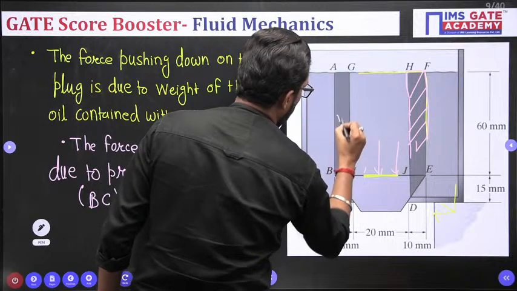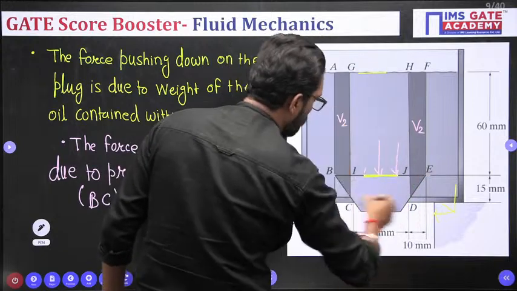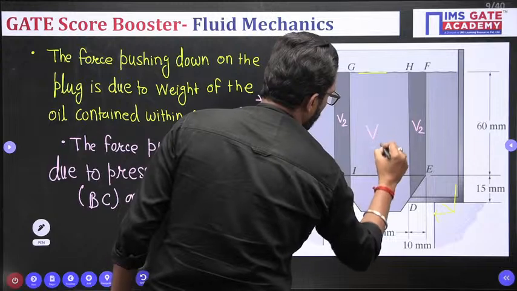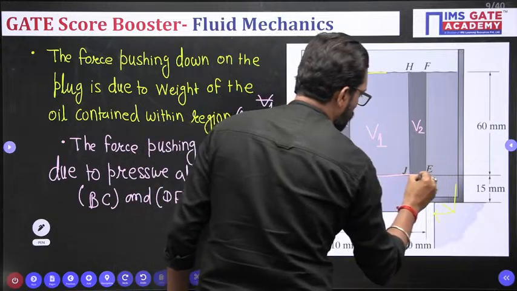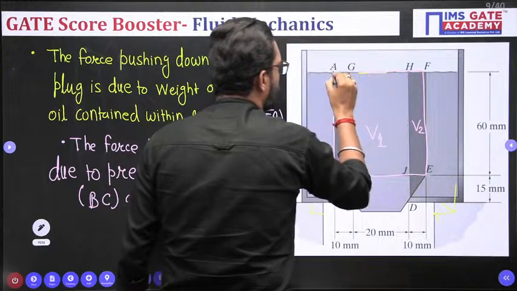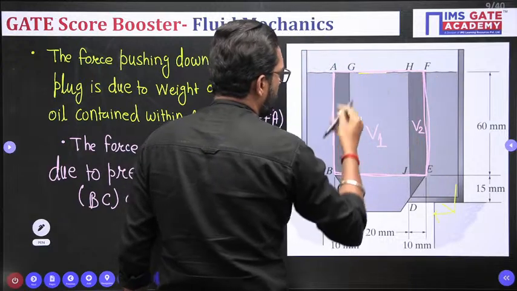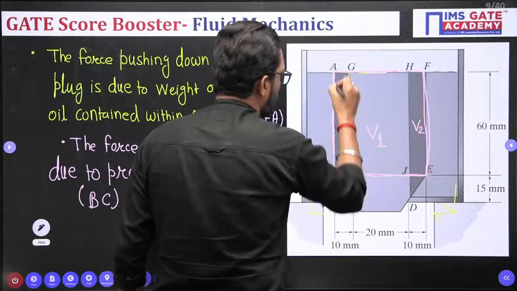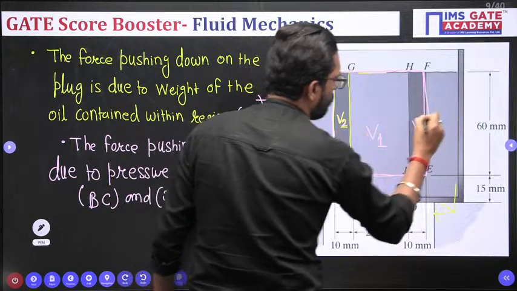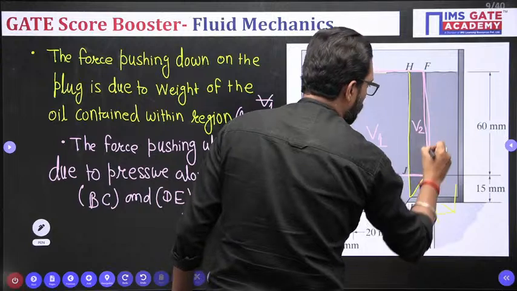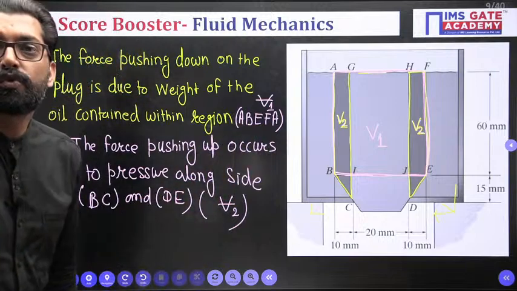So the total is V1, and this hatched portion is your V2. So V1 minus 2 into V2.